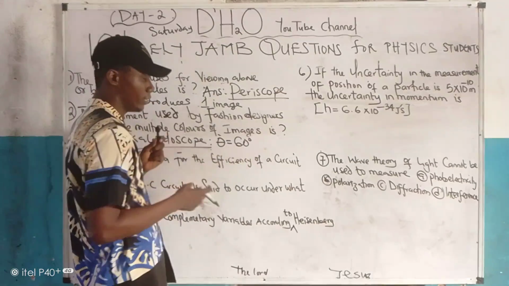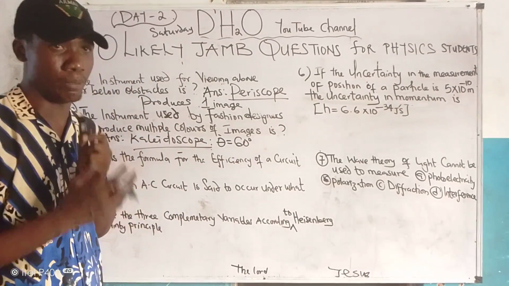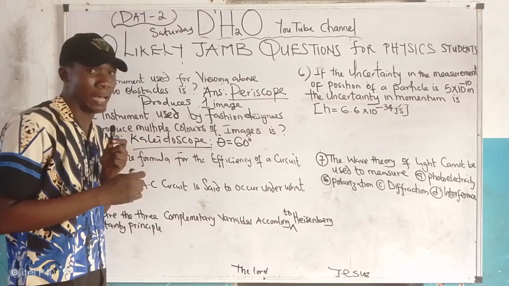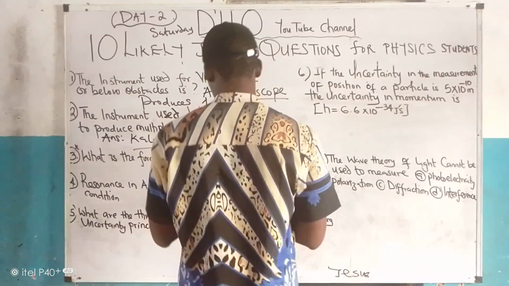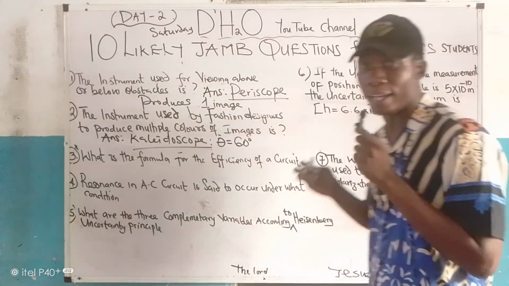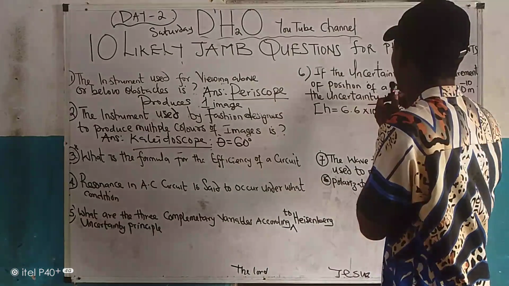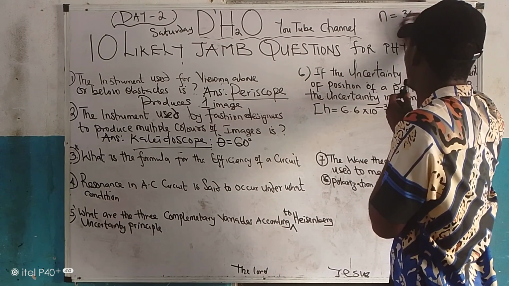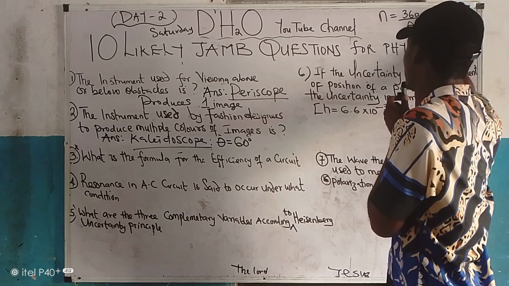And because it is 60 degrees, you can calculate the number of images formed by a kaleidoscope, by using the formula for determining the number of images formed by inclined mirrors. What is the formula? The formula is given as n equals 360 over theta, minus 1.